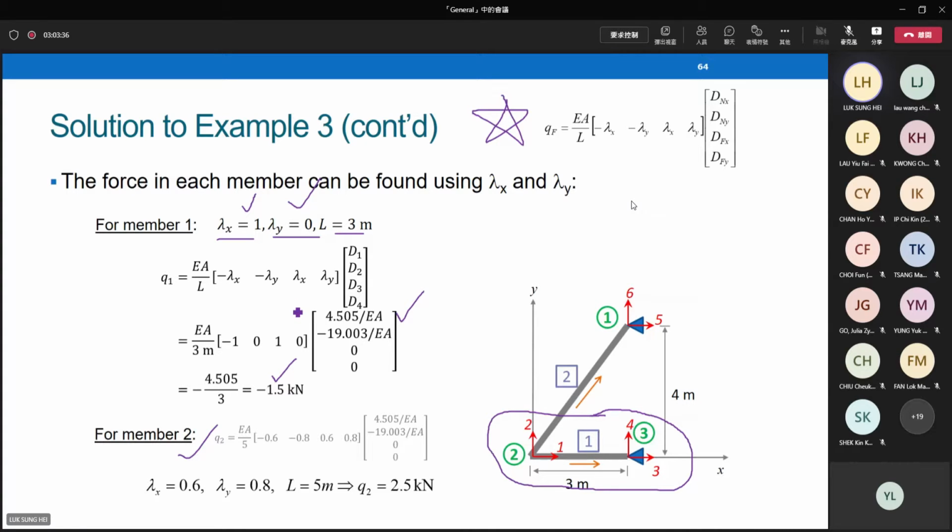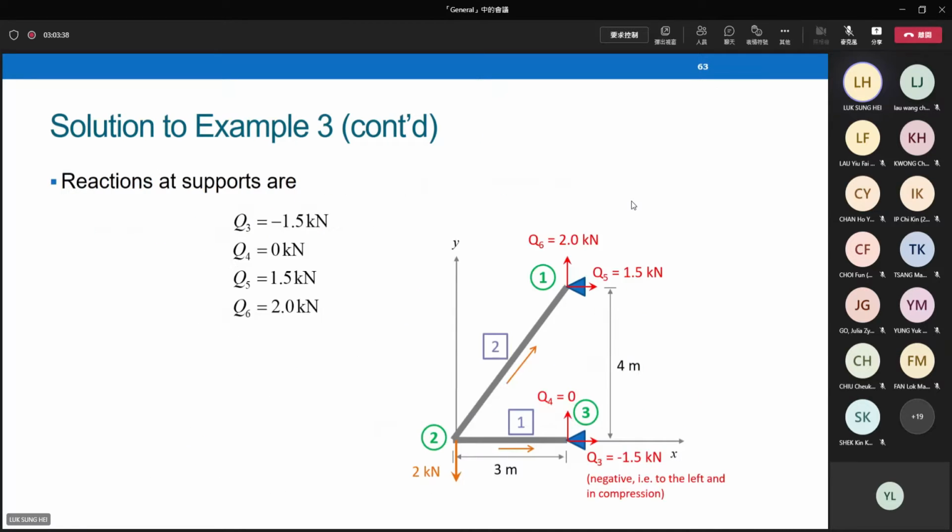Or you can use our previous knowledge. Once you know the reactions, you can use joint equilibrium, or you can use method of sections to find out the member actual force. There's always more than one way to solve the problems. I showed you how to use matrix method in the notes. But in the past, we have learned different theories.